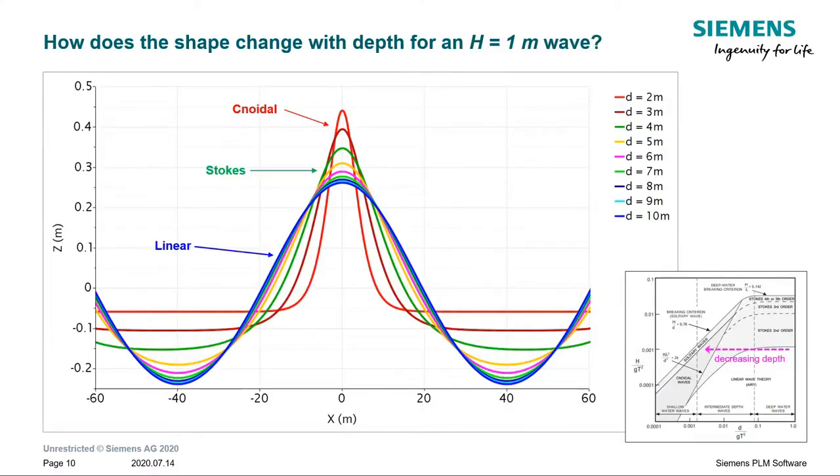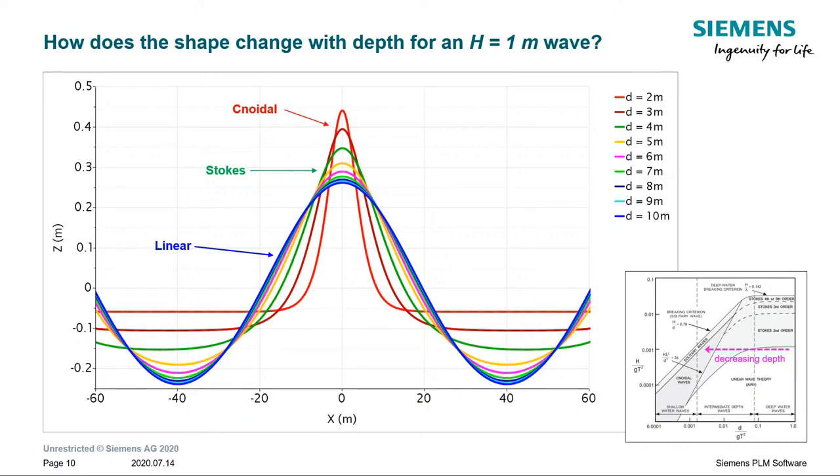It's quite interesting, I think, to try to understand the difference of this type of waves. Let me try here to fix the wave height to 1 meter and move from the right to the left in the chart. So we first see in blue the Airy wave, the linear theory.